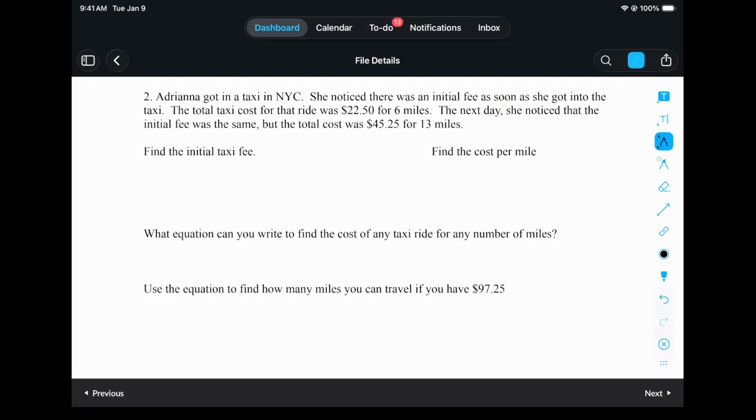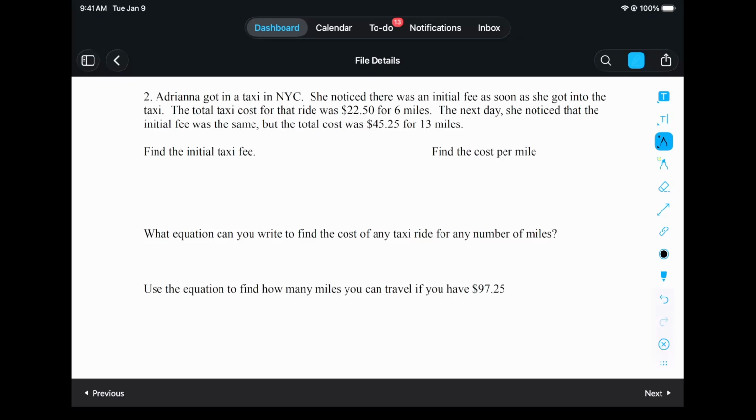The cost per mile, hopefully, should be the same. All right, I don't think Adriana's getting hit with a price hike overnight, so we're going to treat that as cost per mile being the same for both rides. Initial taxi fee is going to be the same for both rides.